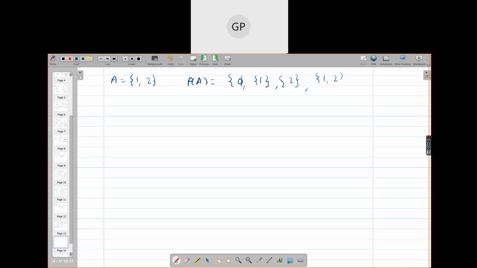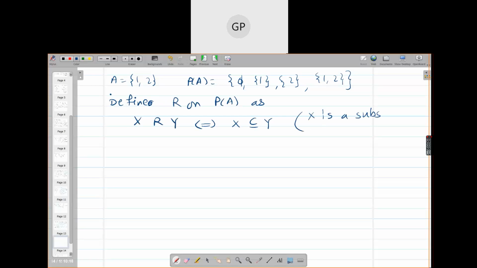Now I define R on P of A as X is related to Y if and only if X is a subset of Y, or X is contained in Y. Anyhow you can say. So what will be R? Can you tell me? What will be R?